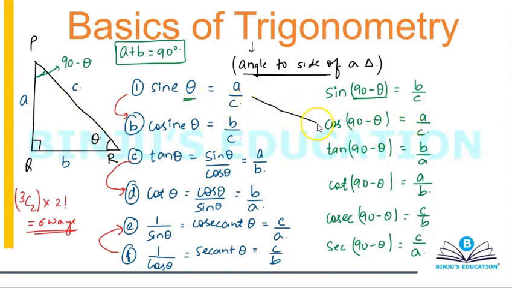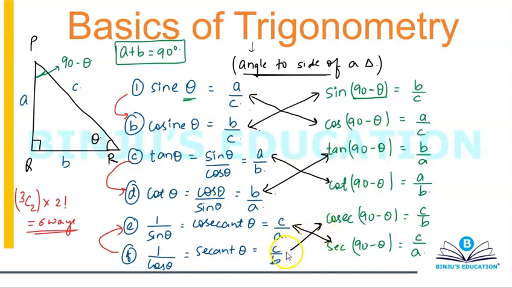You can see that they both are equal to A by C. Second, cos theta is equal to sine 90 minus theta, which means they both are B by C. Tan theta is cot 90 minus theta, they both are A by B. Cot theta is equal to tan 90 minus theta, they both are B by A. Cosec theta is equal to sec 90 minus theta, they both are C by A, and sec theta is equal to cosec 90 minus theta, which is equal to C by B.